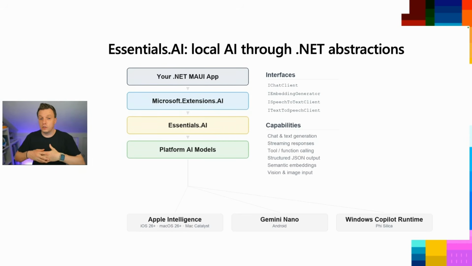You can now just as easily use those through the Essentials.ai, and of course any other things that you want to do on your mobile devices or all the platforms that you can reach through .NET MAUI as well. So we have built that. Go check that one out as well and deliver that value to your end users and make your applications AI enabled with the least amount of effort, right?